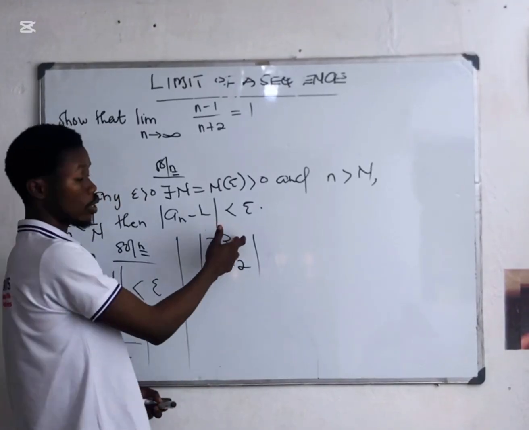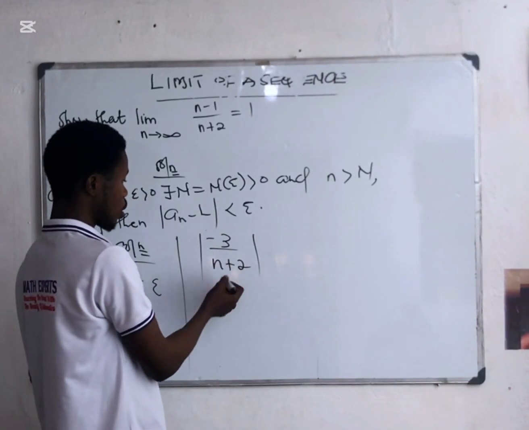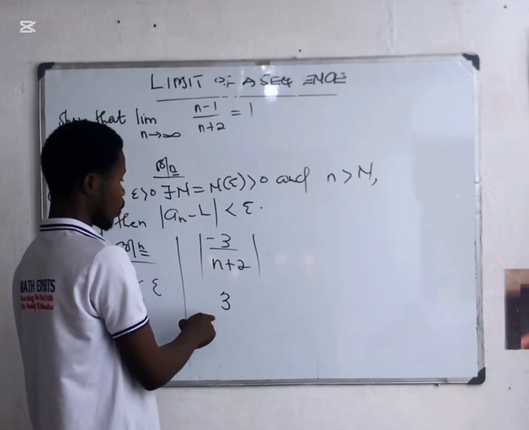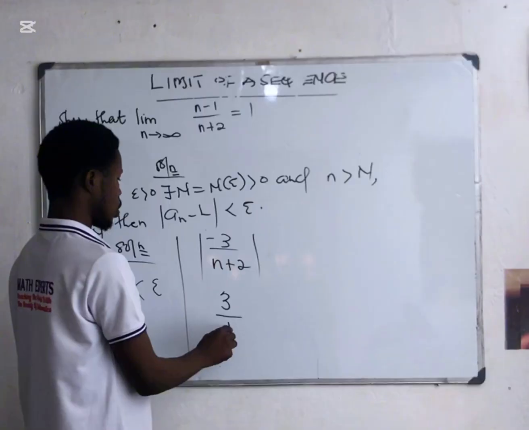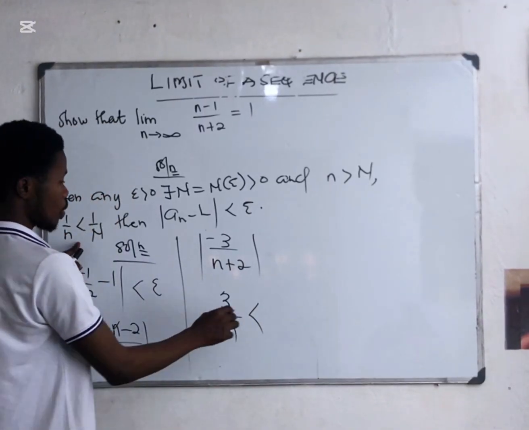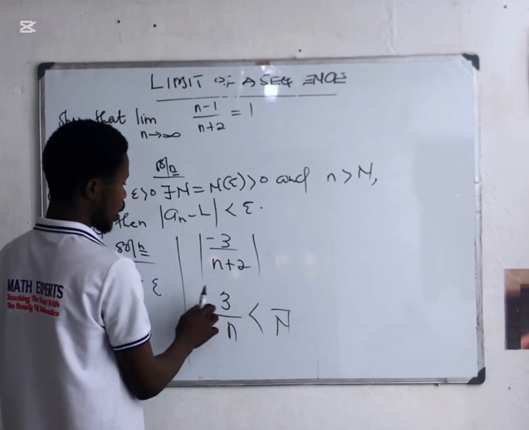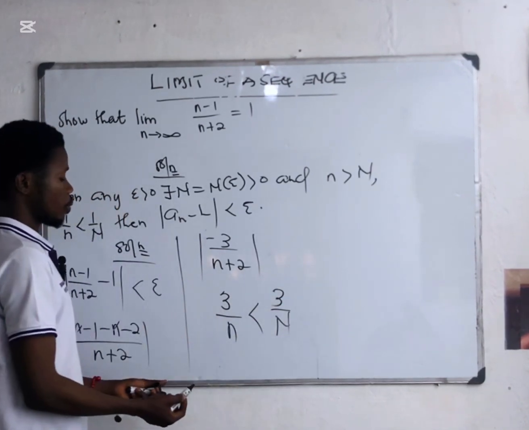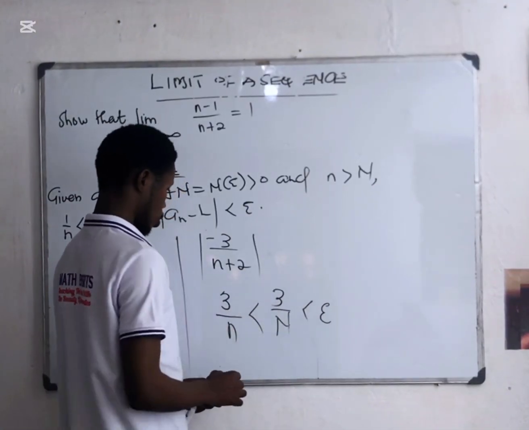Here, there's no n for us to divide, just like I was showing first. So straight away, because there's absolute sign, if I take it off, I have positive 3. n plus 2 is still all integers. So once I add 2 integers, I still get an integer. You say that this one, as we said, should be less than 1 over capital N. Sorry, since here is 3, this should be 3 over capital N, which should be less than epsilon.